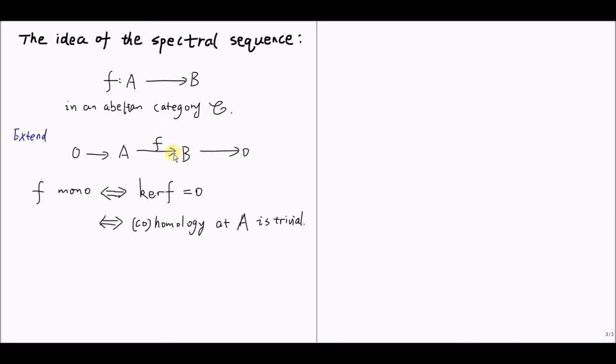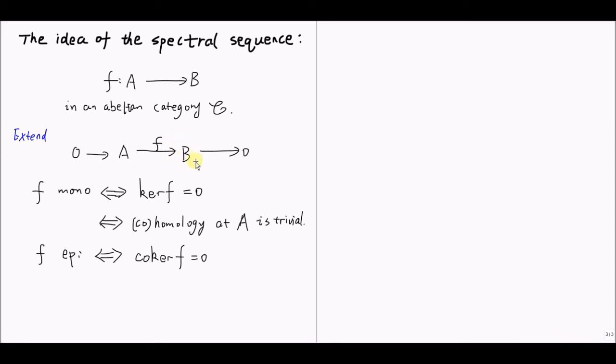And f is an epimorphism is equivalent to saying the co-kernel of f is trivial. And what does co-kernel of f equal to 0 mean to us?